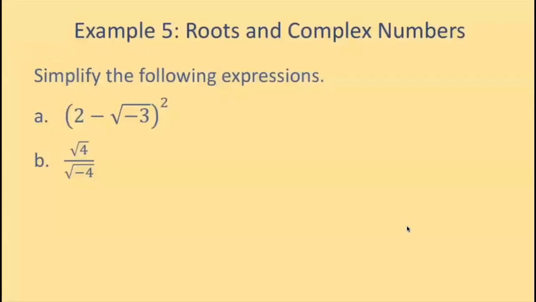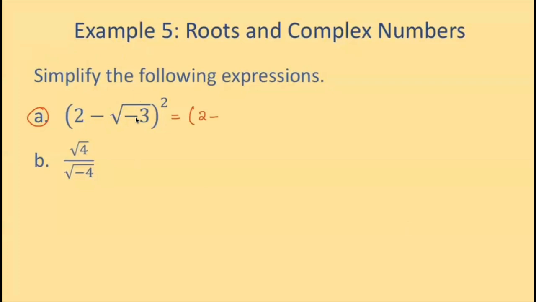Okay, the last one from this unit. Simplifying this expression. So let's look at A. So in A, what I have is 2 minus, let's think about this one, square root of -3.